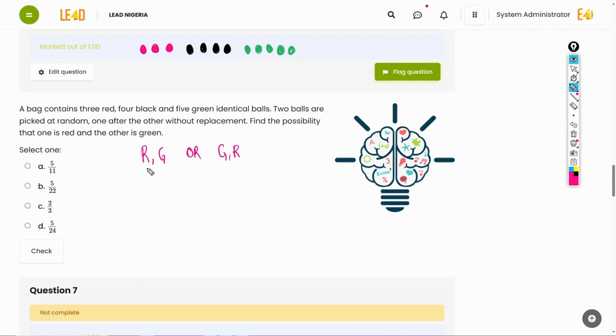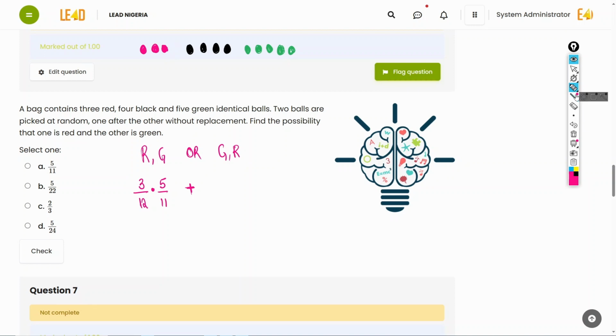So the probability of the first one being red, of course, would be 3 out of 12. Then times, for the second one being green, because we have taken out one red, the setup has changed, so this will now be 5 out of 11, then plus... let me put the red ball back, please.